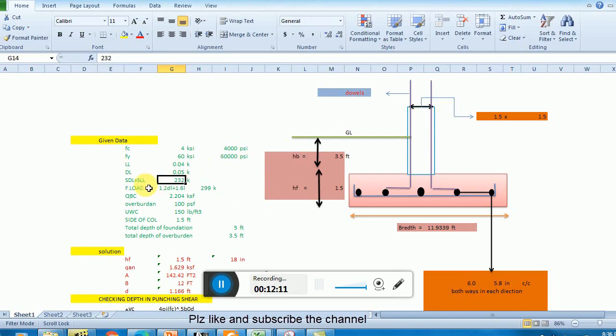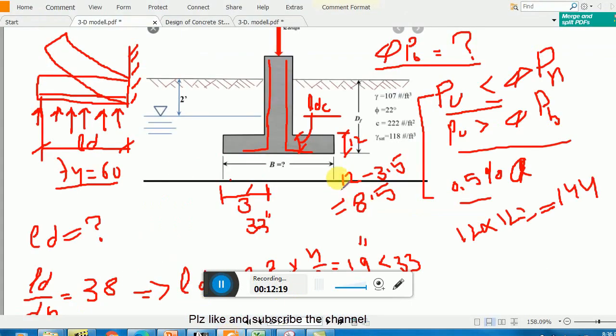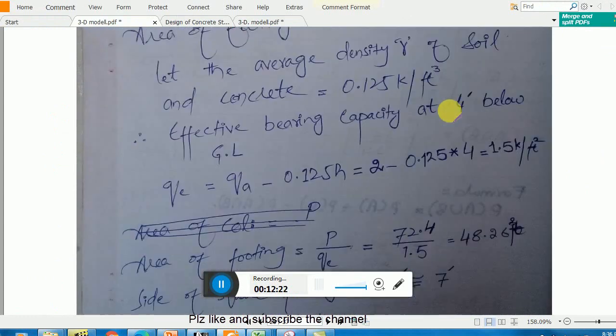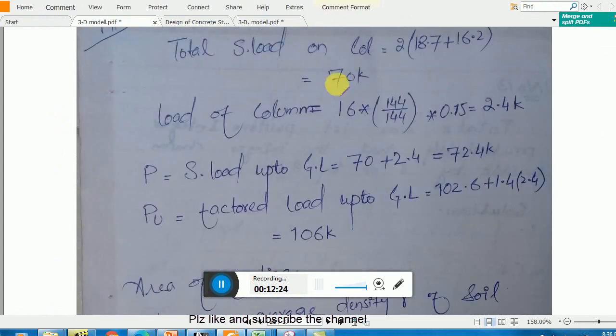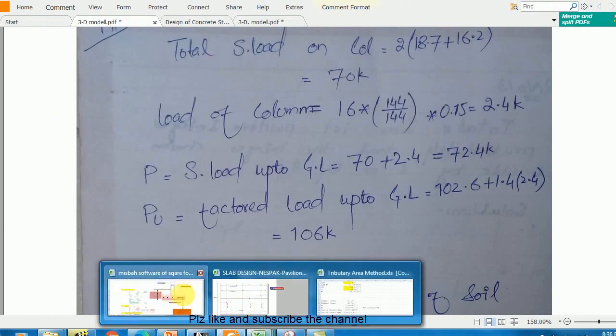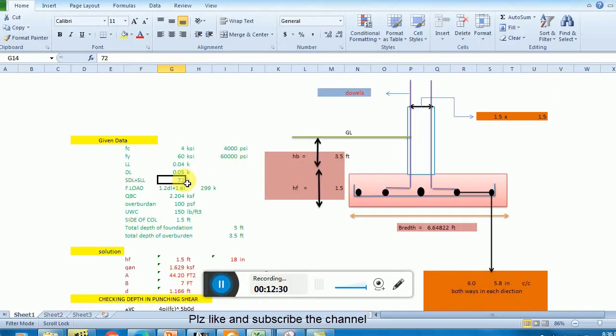We don't care about these two loadings. We have to change this one. SDL and SF, this is the total service load, and I think we calculated this as 72.4 kip.